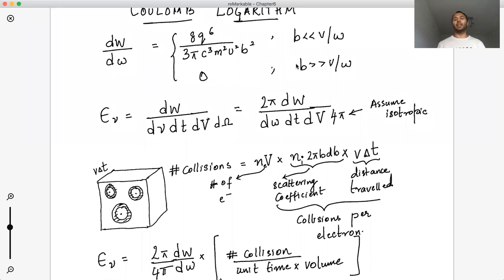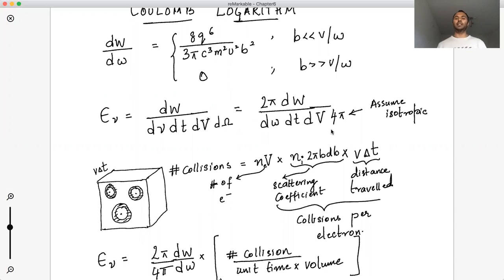Now, let's say for the sake of argument, you want to calculate the Bremsstrahlung emissivity of a medium. So you are trying to calculate the amount of energy emitted per unit frequency, per unit time, per unit volume, per unit solid angle, okay? Again, just for simplicity, I'm going to say that the emission is isotropic. In reality, the emission from a single collision is obviously not isotropic. It has a characteristic dipole emission pattern.